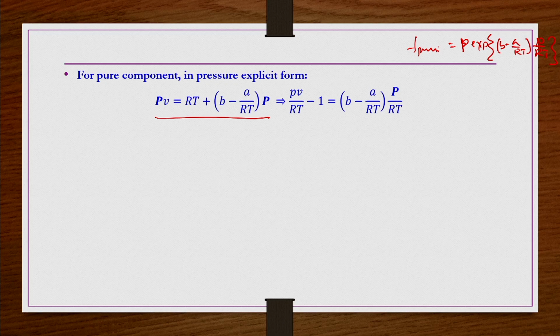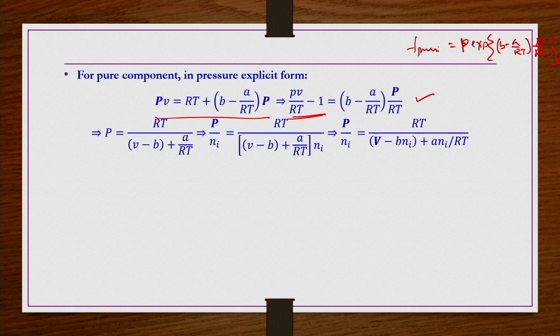So, now we need Z minus 1 somewhere in the generalized expression for the fugacity of pure component i. Z is nothing but PV by RT. So, PV by RT minus 1, from this equation, is nothing but (B minus A by RT) P by RT. Now, for this equation of state, what I am doing is a kind of pressure explicit form.